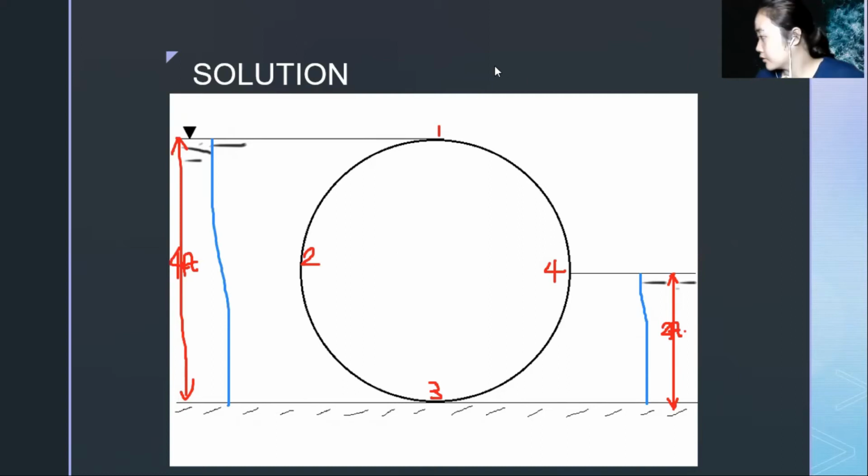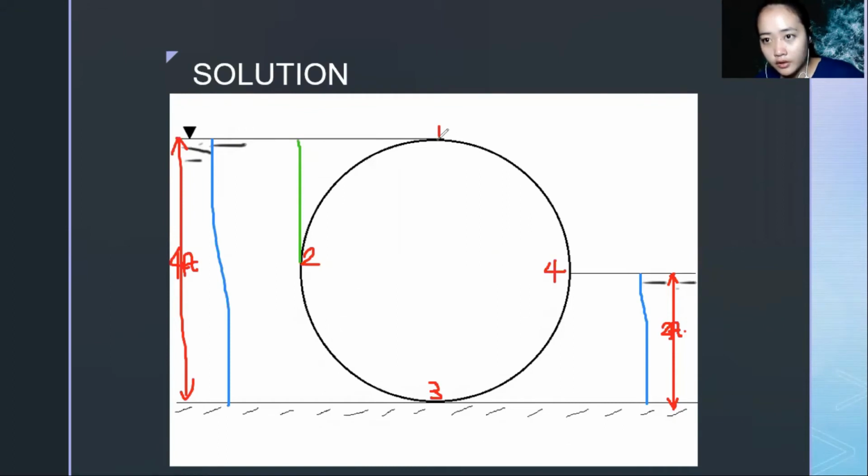So in getting the vertical forces, we're going to extend the endpoints of each point. First is point 1 and point 2. We're going to extend the curved surface to the free surface. So here is the free surface. We're going to extend point 2 up to the free surface.